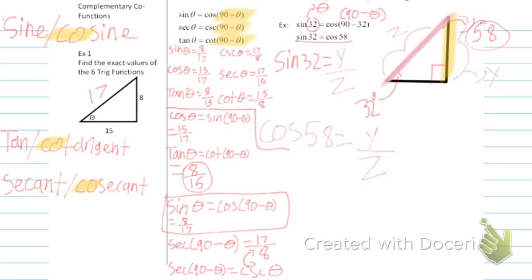So this is what I have for now. Remember these three trig complementary cofunctions. The complementary cofunction of sine is cosine, and the same thing goes for tangent and secant.